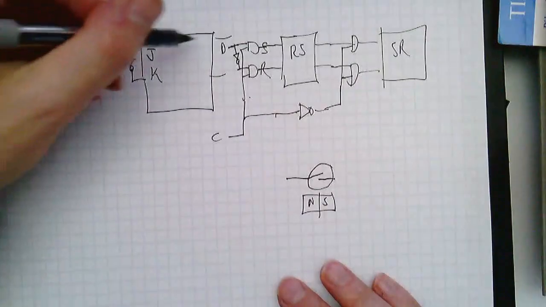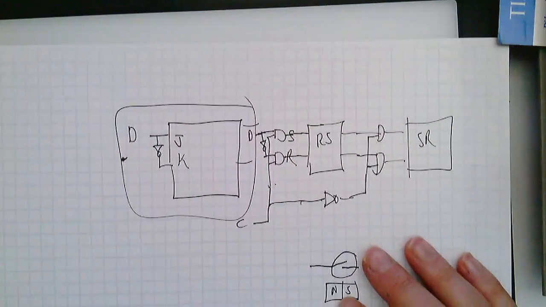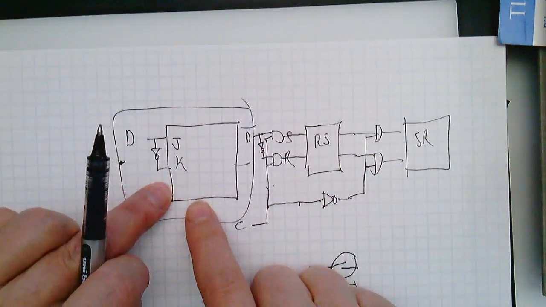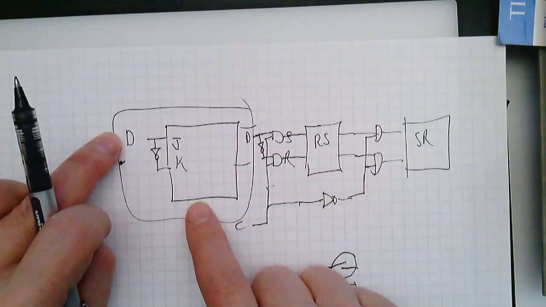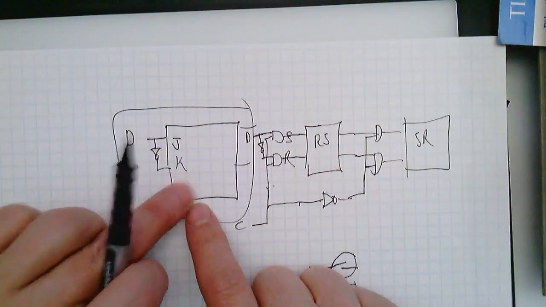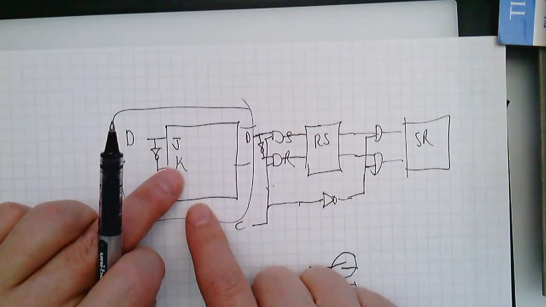So we actually did that, right? Because that's what this is. What did we do? We made a D flip-flop using a JK flip-flop. You can tell it's a D flip-flop, right? Because it's got a D going in. You can tell we're using a JK flip-flop because this says JK on it. So we made D using JK.